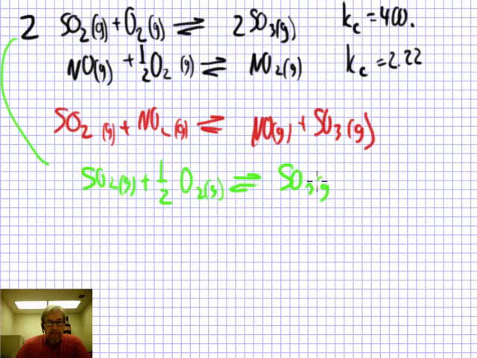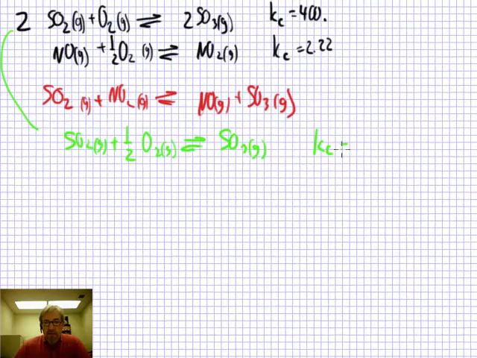Since I've divided the coefficients by 2, I need to take the square root of the Kc value. So Kc for this reaction, as I've written it, is going to be the square root of 400, which is just 20. The second equation is going to have to be flipped around so that I can get a mole of NO2 on the left-hand side.